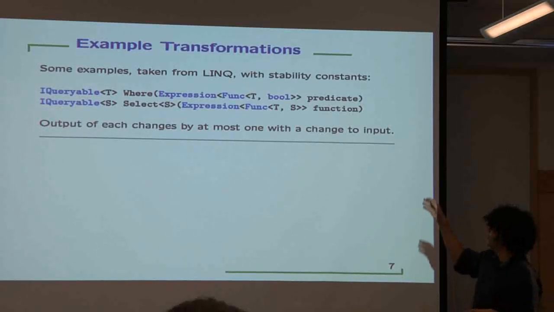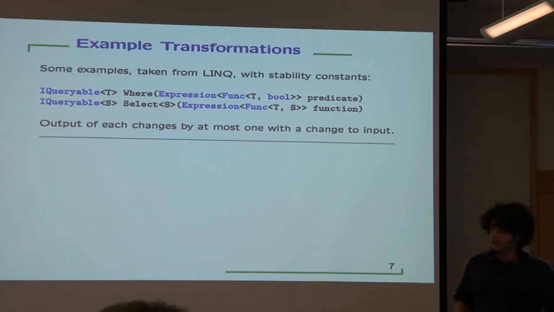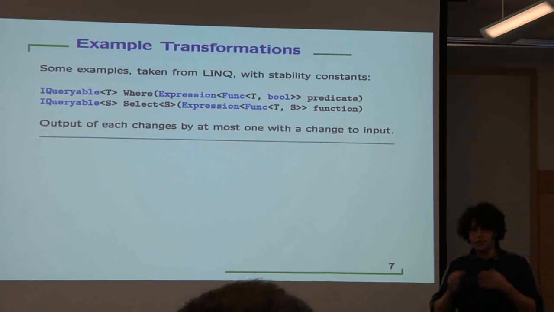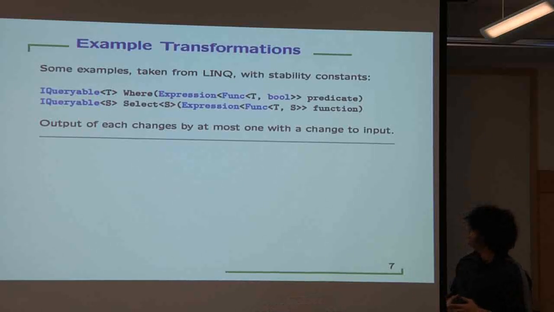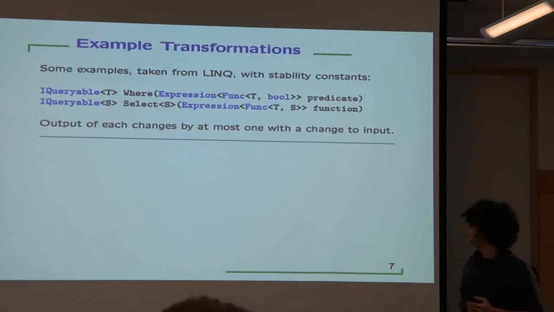So if I add a new record, it might show up in the output of the where, and if I add a new record to the select, it will show up as the output of that function value. So these will have stability 1. That's great. That means we can apply these as many times as we like without hampering the privacy implications of subsequent downstream analyses.